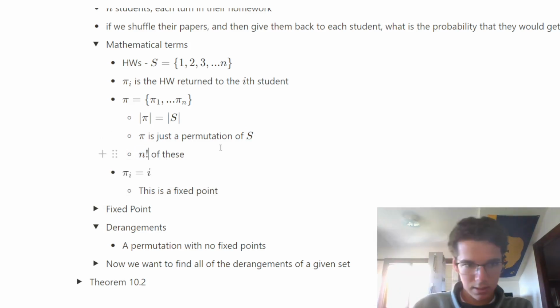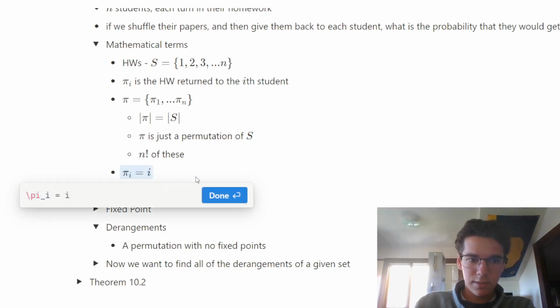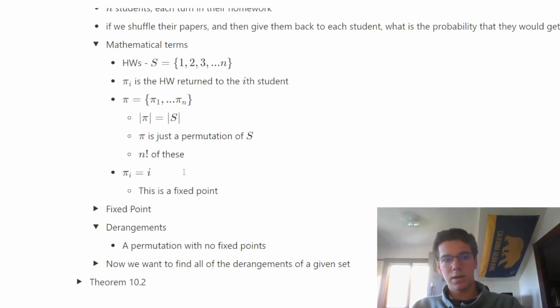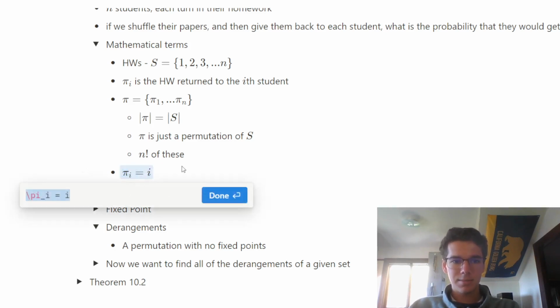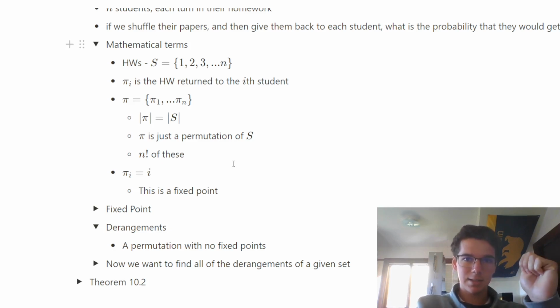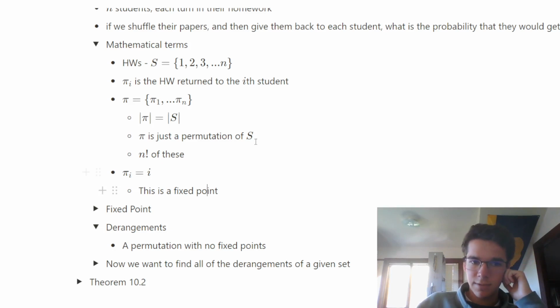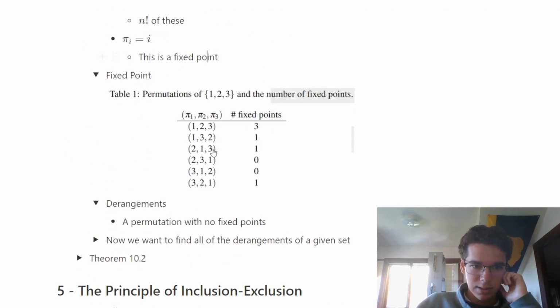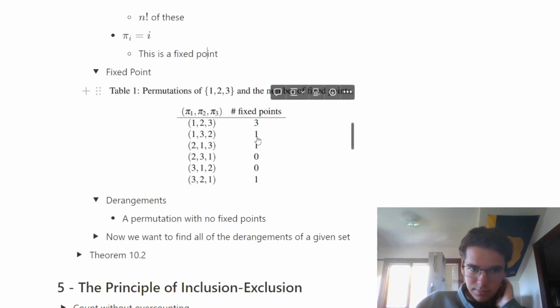Okay, and if it is ever the case where a permutation of S has some point that is in the same position in S that it is in pi, then we call this a fixed point. I think it's easier to see in here. Let's look at the second example. In the second example, there's one fixed point.